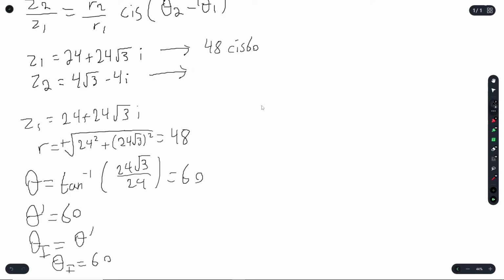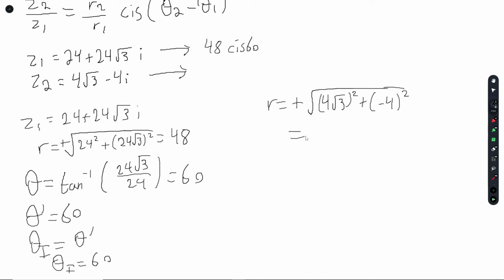Then on to the next one. First we find r, it will be the radical of 4 radical 3 squared plus negative 4 squared. On the calculator, 4 radical 3 squared plus negative 4 squared gives us 8.